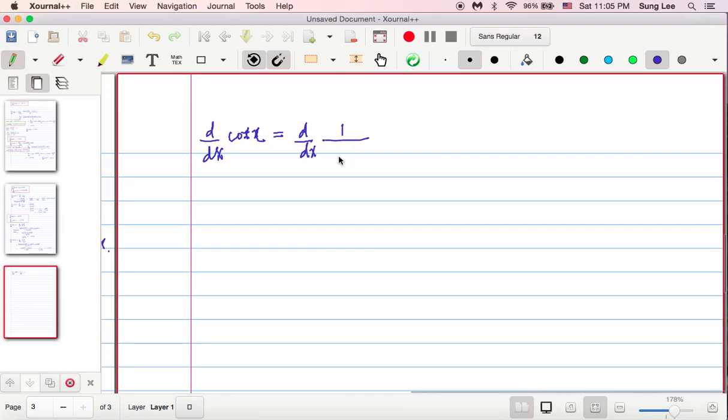So 1 over tangent of x. And so using the baby quotient rule, that's the same as minus tangent x prime over tangent squared.